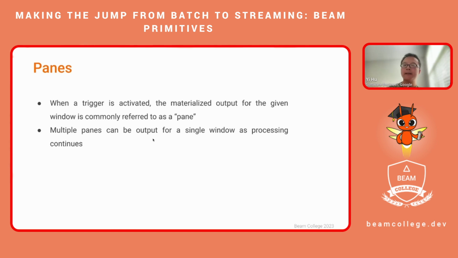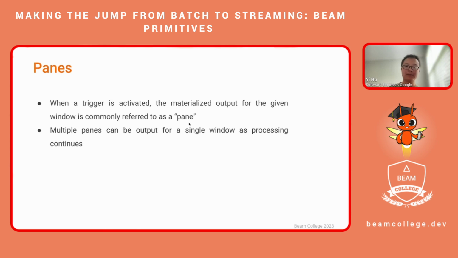And each time a window fires, a window is triggered, a pane is assigned. The pane is pretty much an increasing integer tracking which pane the current materialized data belongs to. When a trigger is activated, the materialized output for a given window is commonly referred to as a pane.